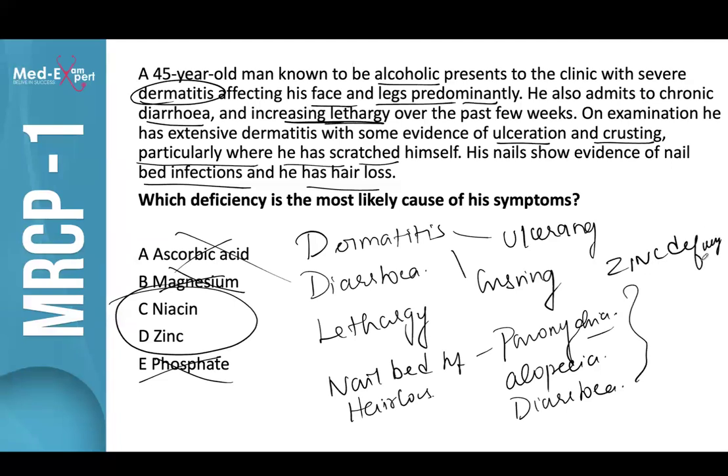I know a lot of people will jump to pellagra, but all the components of pellagra are not met. What are the components of pellagra? What all will you see in pellagra? What other components will you see?